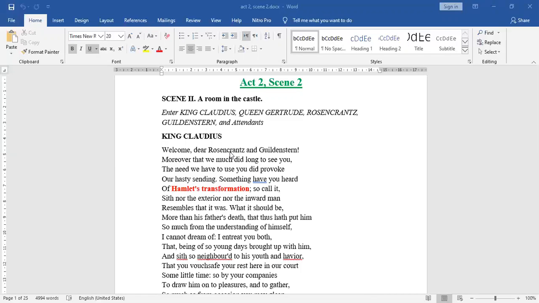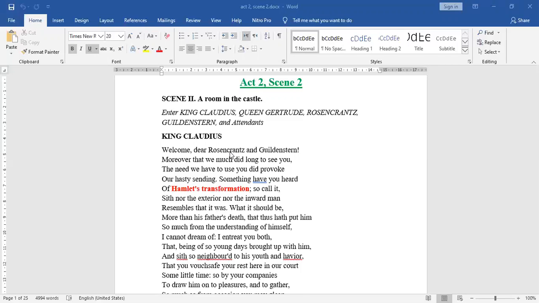So, starting as always with a very brief synopsis of the scene, as I said, this is the longest scene in the play, and you will notice that the action involves five distinct thematic parts or movements. I will divide the scene according to these five thematic and structural movements.